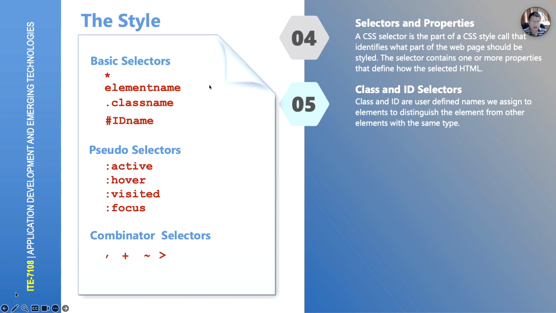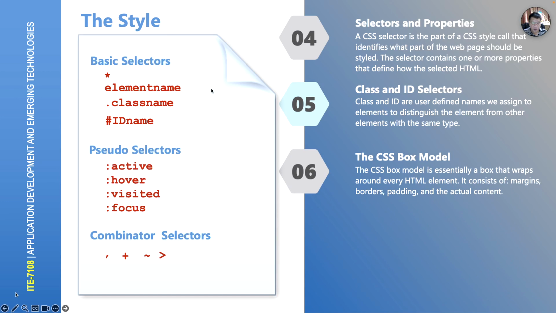We also need to discuss a very important concept, which is the CSS box model. The CSS box model is essentially a box that wraps around every HTML element. It consists of margins, borders, padding, and actual content. In this figure, we illustrate a box model.